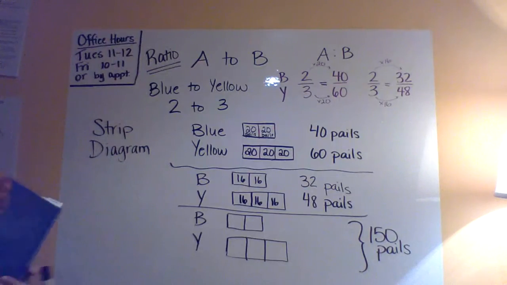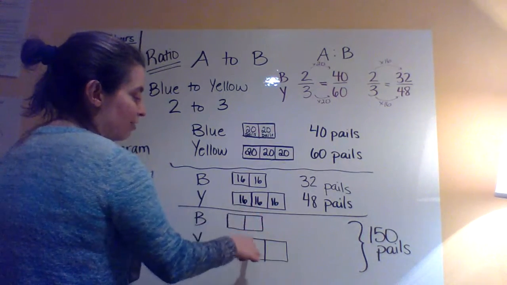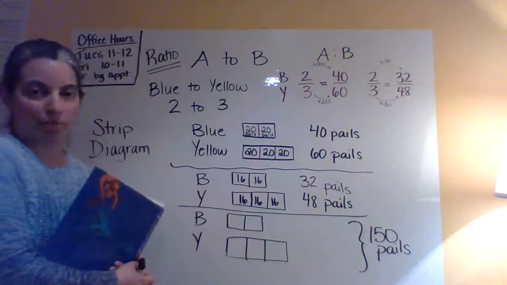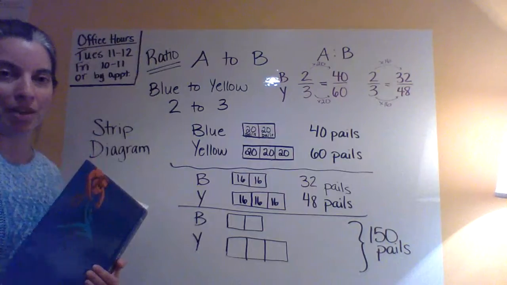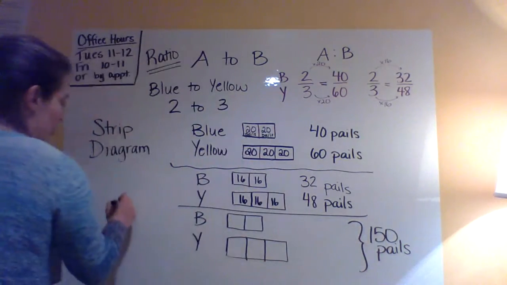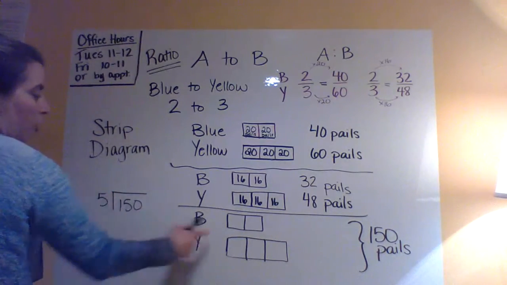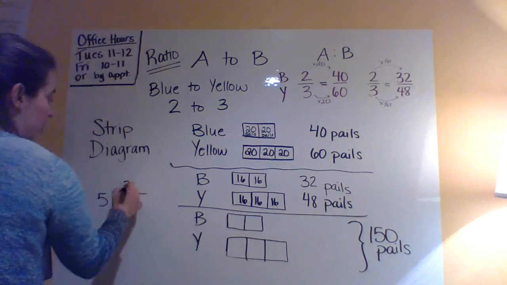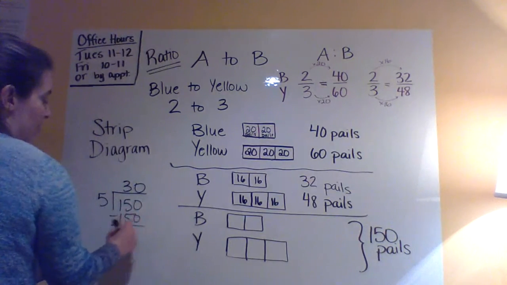And hopefully you're kind of thinking these things already in your head. One thing I can think about is that this paint altogether is made up of 5 equal portions. Some of those portions are blue, some of those portions are yellow, but they're the same size. So if I can split 150 into 5 equal portions, then I know what each of these little blocks would be. 150 divided by 5 is going to be 30.